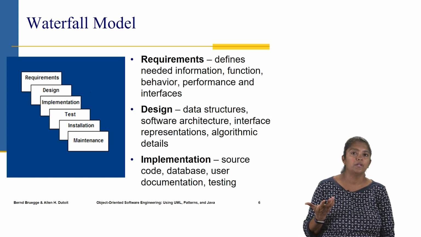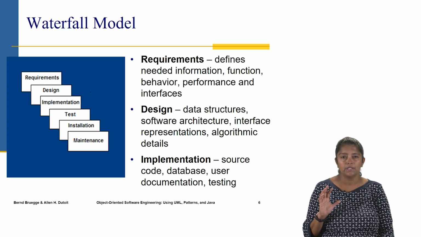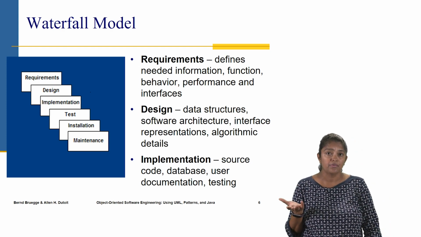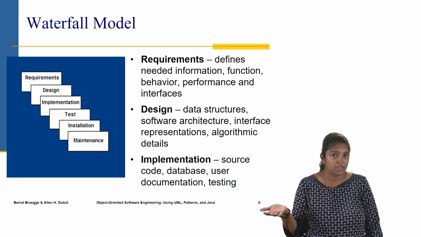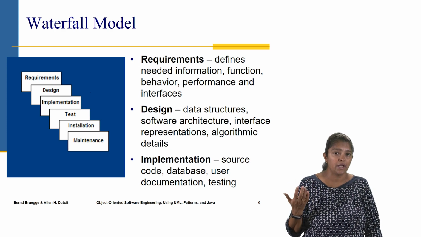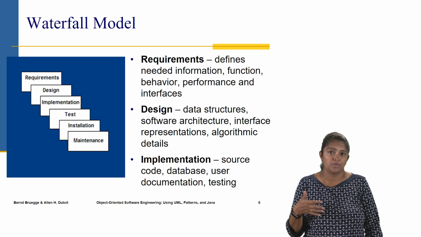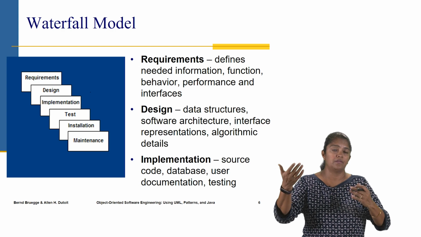So the waterfall model is the most traditional one, very easy to understand, intuitive, and based on what you just heard about the different activities, we want to just perform the process.